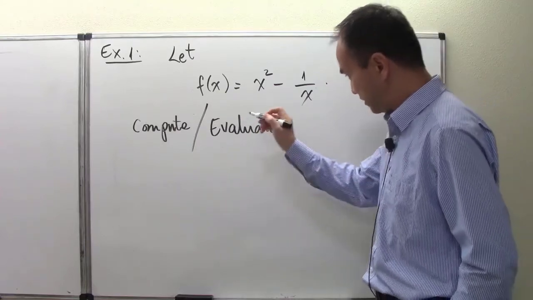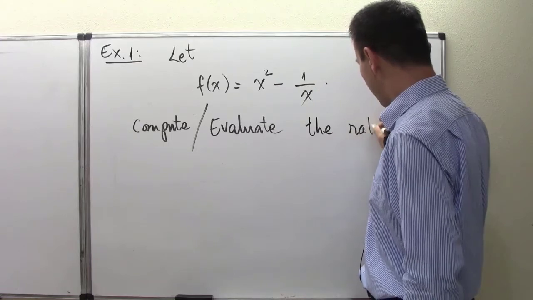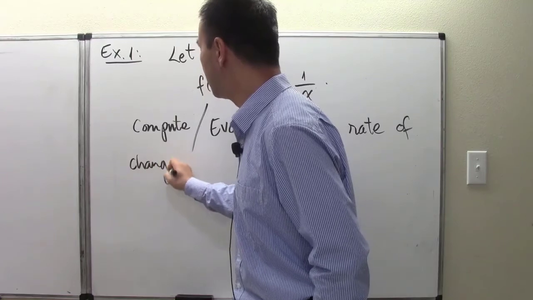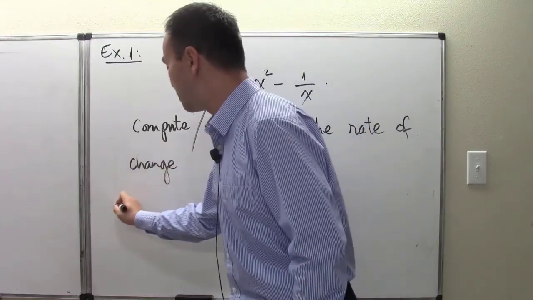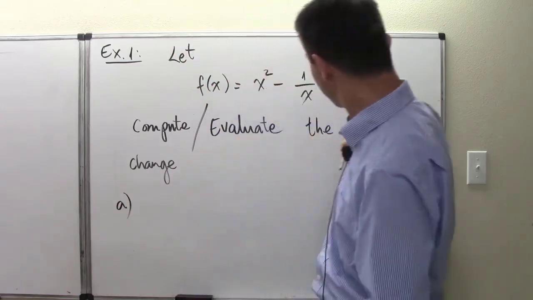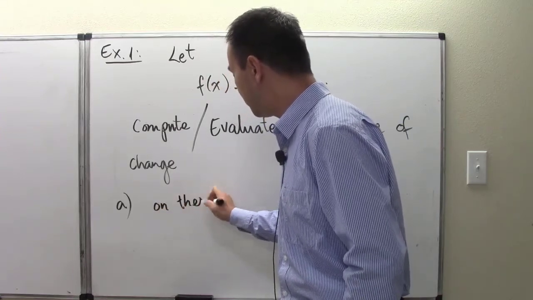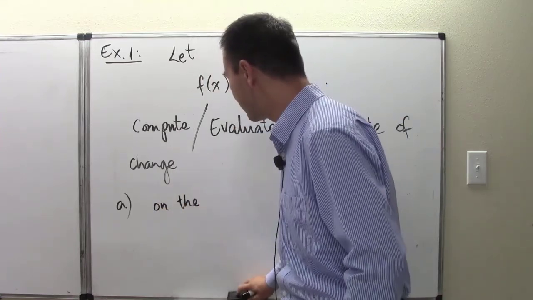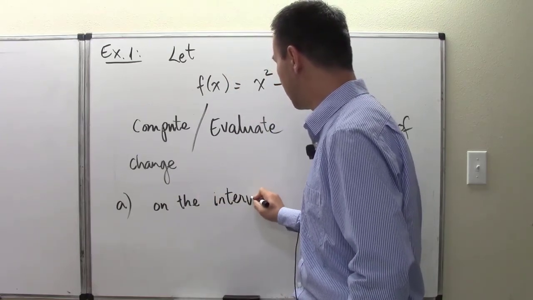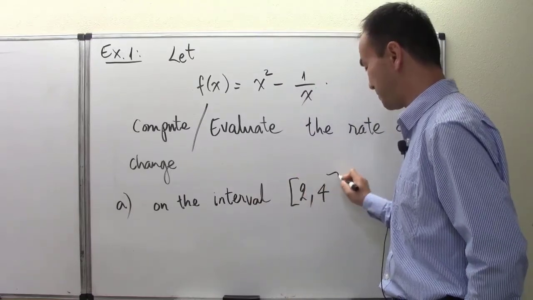Compute or evaluate the rate of change. Right after that, I'm going to break it down into part A. So we want to calculate the rate of change on the interval from 2 to 4.